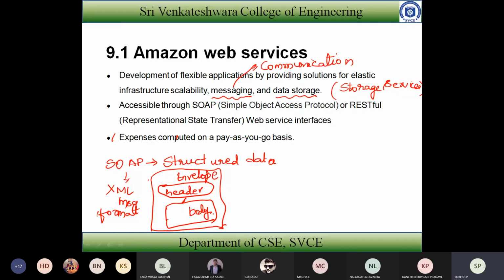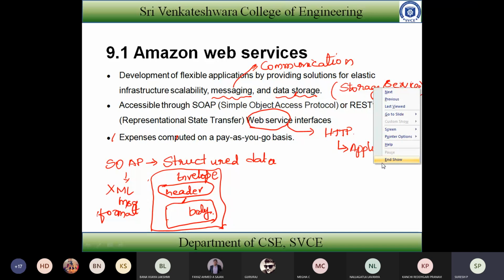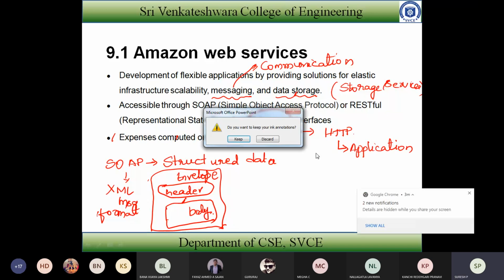Whenever you access the Simple Object Access Protocol, the web service is going to use the Hypertext Transfer Protocol. In which layer does the hypertext transfer protocol appear? It appears in the application layer. This particular protocol is of the application layer.